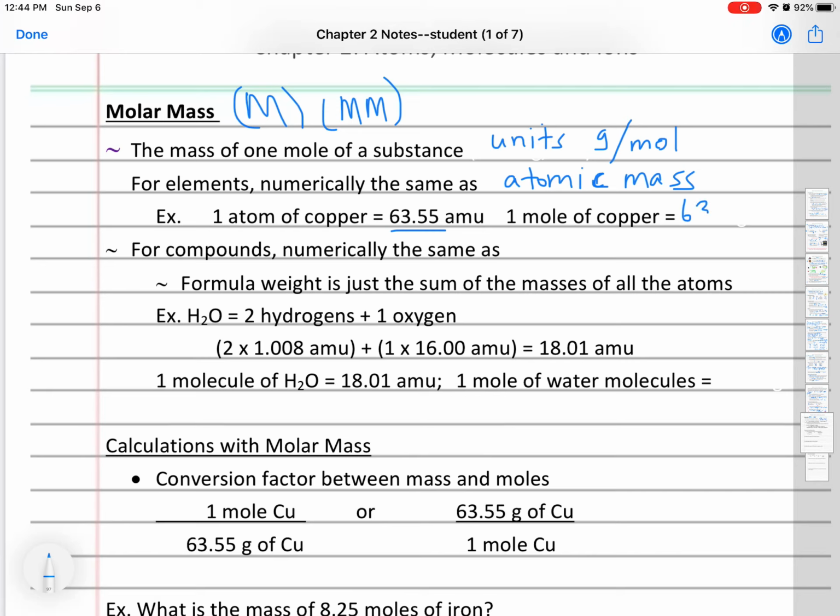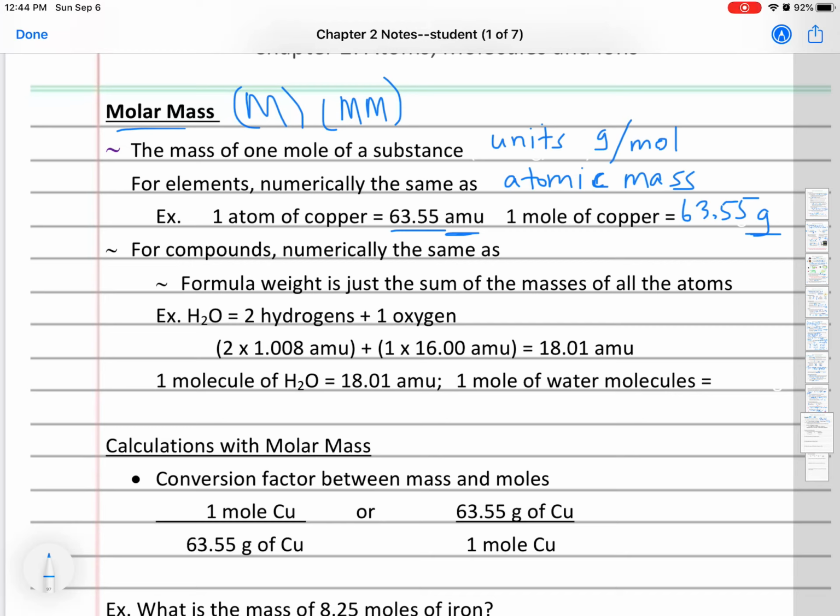So 1 mole of copper is 63.55 grams. So 1 atom is 1 atomic mass unit, and 1 mole is the same number but in grams. So it makes it really easy. We can use the periodic table basically to find the molar mass of any element. We just convert that atomic mass from AMUs to grams.